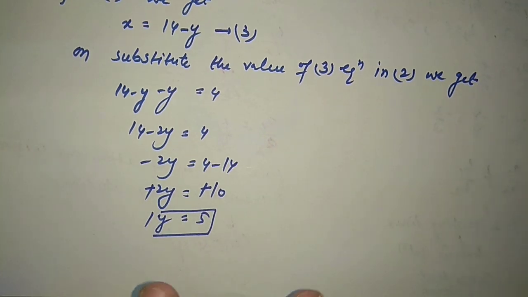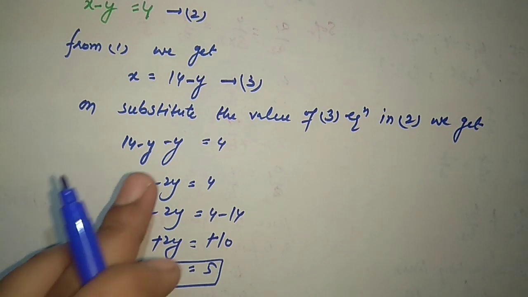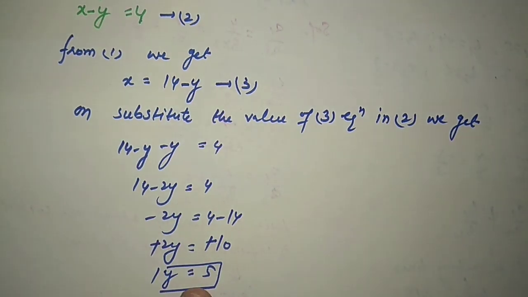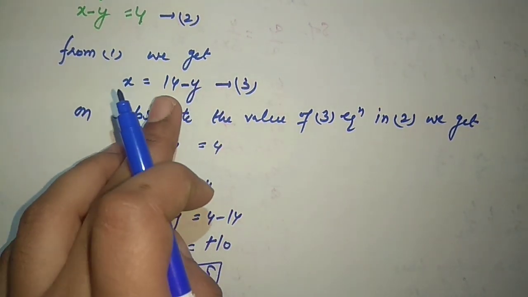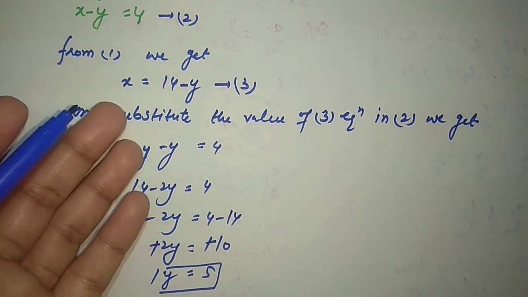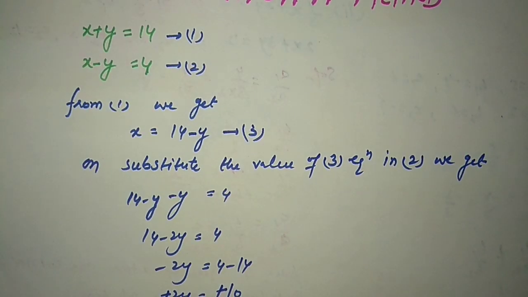Now for finding the value of x, we need to put this value of y into the third equation. You can put it into the third or the first, any one of the equations.